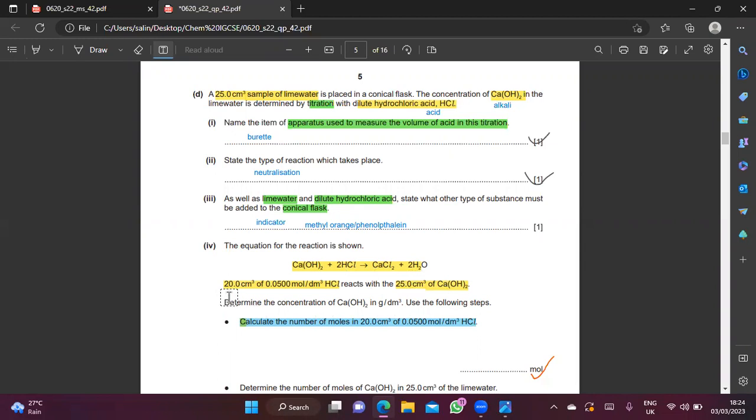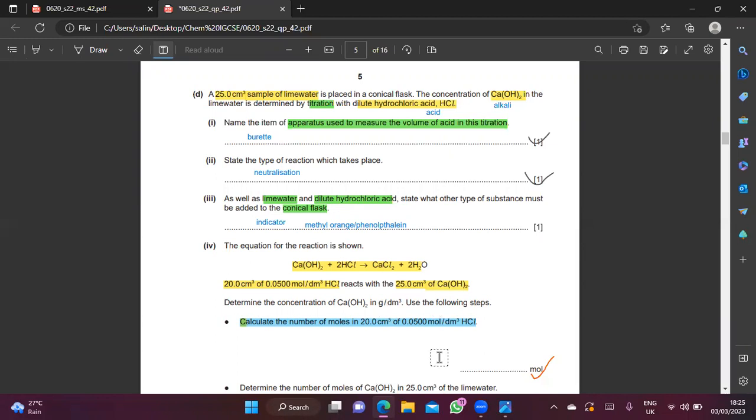They say 20 cm cube of 0.0500 mole per dm cube HCl reacts with 25 cm cube of calcium hydroxide. Determine the concentration of calcium hydroxide in gram per dm cube.